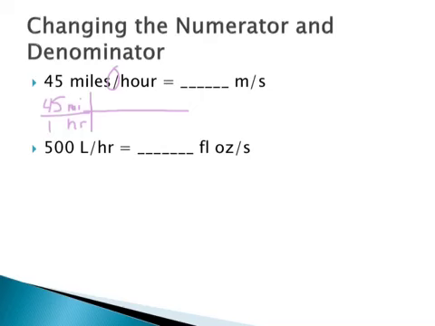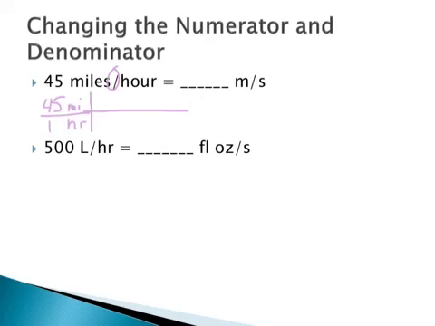So when looking at this problem, the first thing I need to do, if I'm going from the US to metric, I need to look at my US to metric conversions. And miles and meters are both units of length. Okay, so I'm going to look at my length. So looking at it, some of the things I have on your chart, you have 1 yard is 0.91 meters, and 1 inch is 2.54 centimeters. Now I want to go to meters.